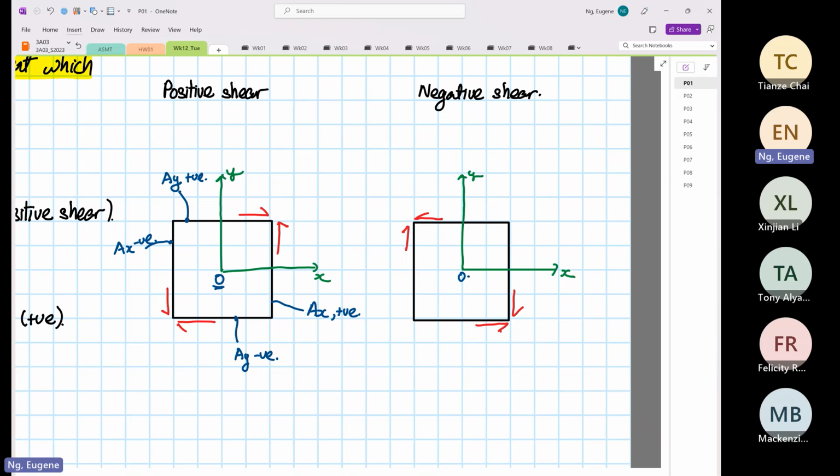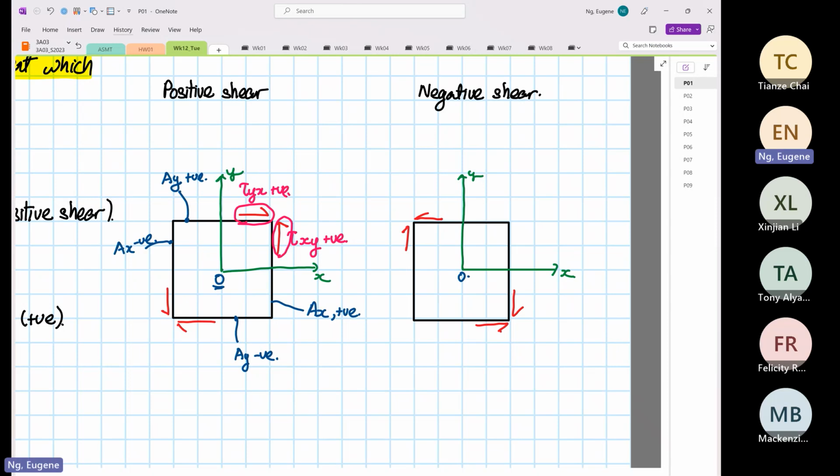Now if we focus on the shear force, this shear stress, the shear intersecting plane X going up in the Y direction is positive. Why is it positive? Because it's going up. And over here, it's also positive because it's going from left to right.